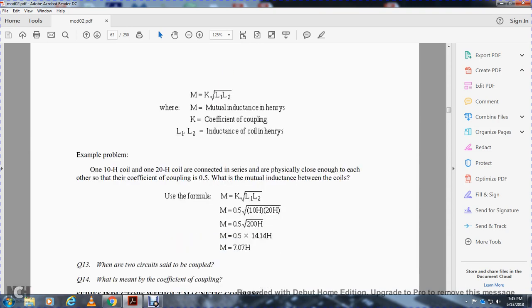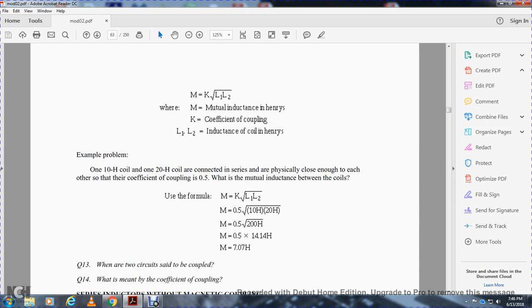Example: a 10 henry coil and a 20 henry coil are connected in series. They are physically close enough that the coefficient of coupling is 0.5. What is the mutual inductance between the coils?